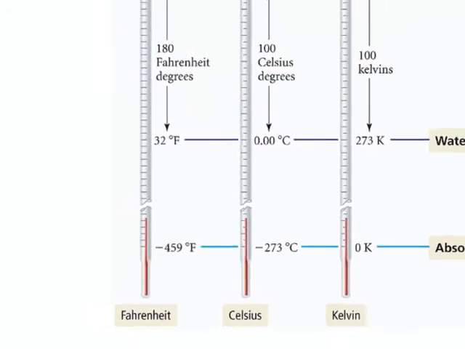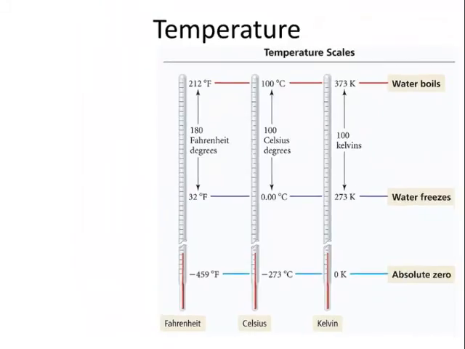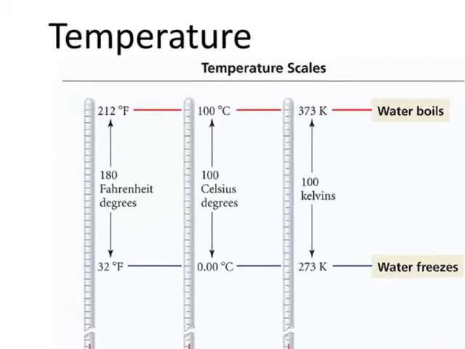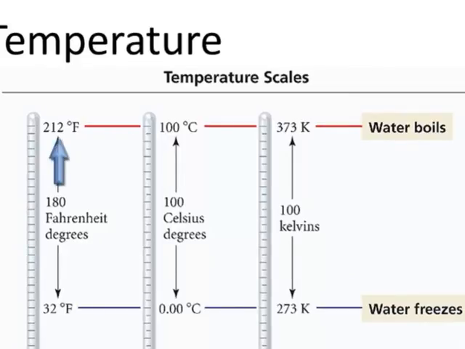Now, in looking at these scales, we can see that they have the same properties listed, but different numerical values. For example, if we look at where water boils, on the Fahrenheit scale, it's 212 degrees Fahrenheit. Celsius, it's 100 degrees Celsius. On the Kelvin, it's 373 Kelvin.